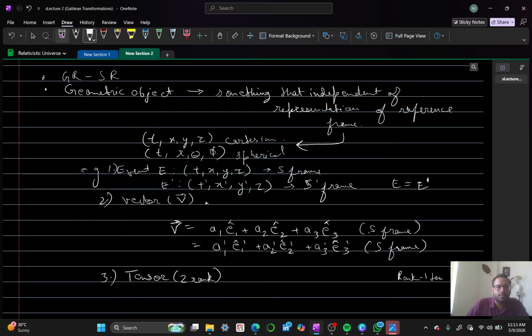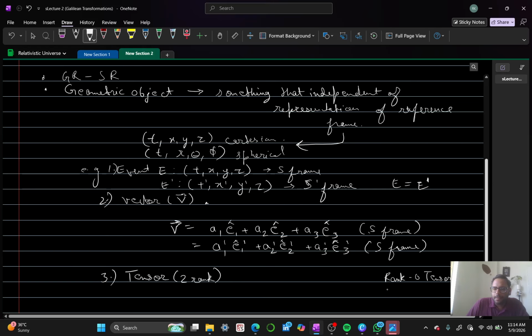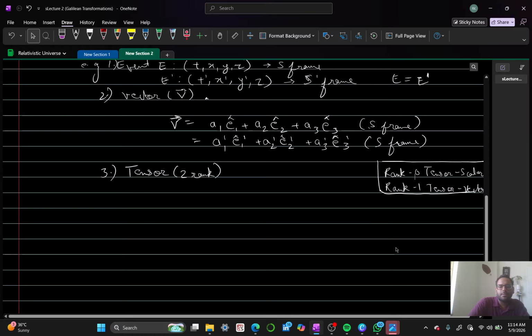A rank 0 tensor is also called a scalar, and a rank 1 tensor is also called a vector.